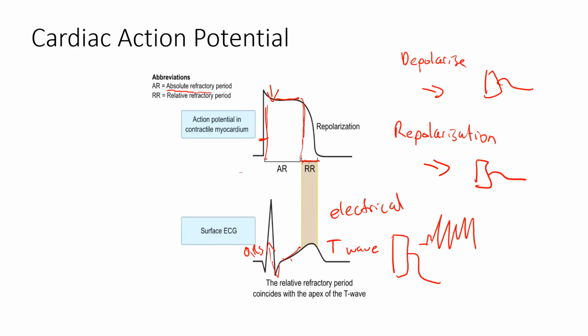So basically, in very simple words, absolute means there cannot be another contraction, whilst relative, another contraction can occur, but generally it won't. But it can happen.